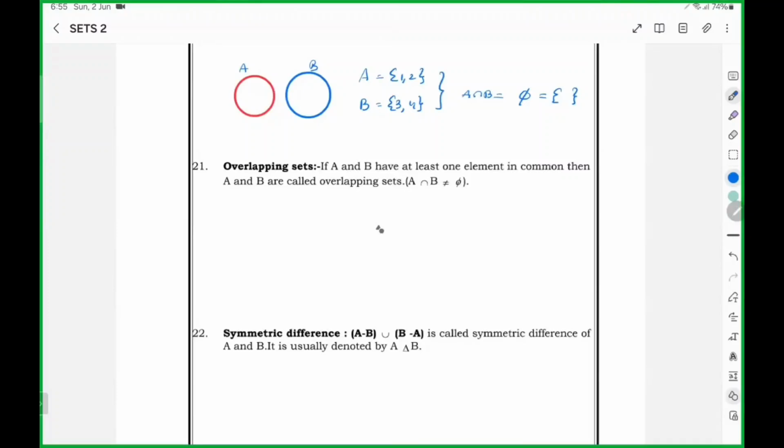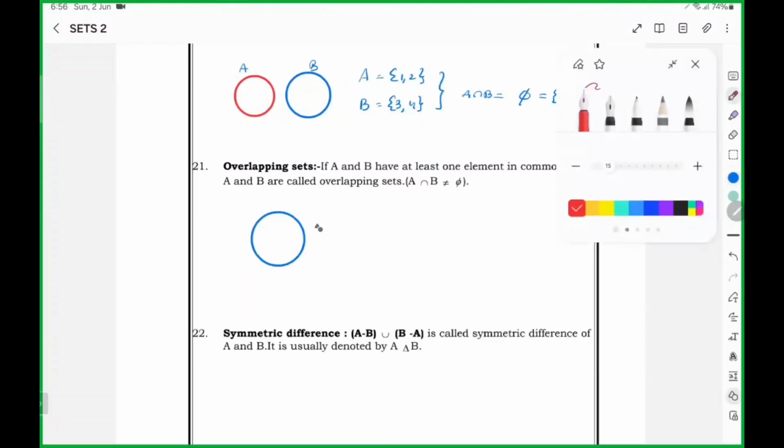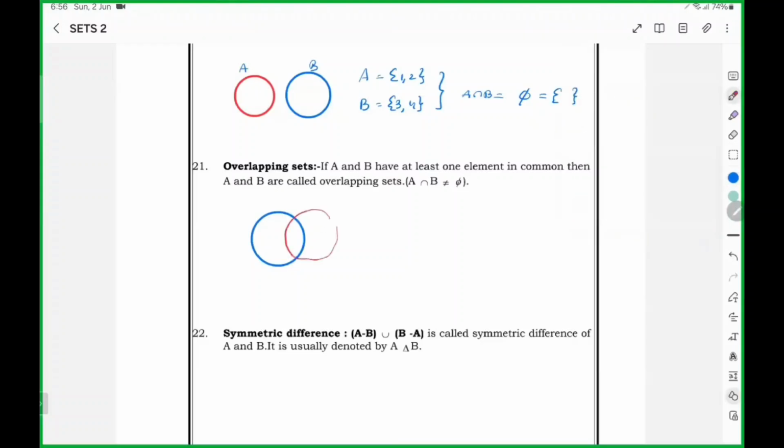Overlapping sets: take this as one set, and the other as another set. If the intersection is not empty, it means there are some common elements, and these two sets are called overlapping. Suppose A has 1, 2, 3 and B has 3, 4, 5.